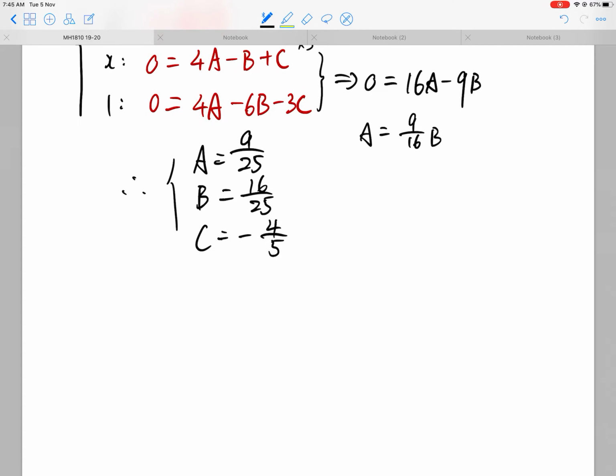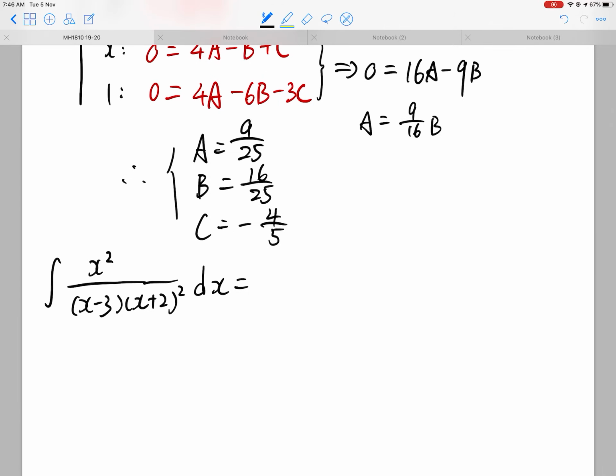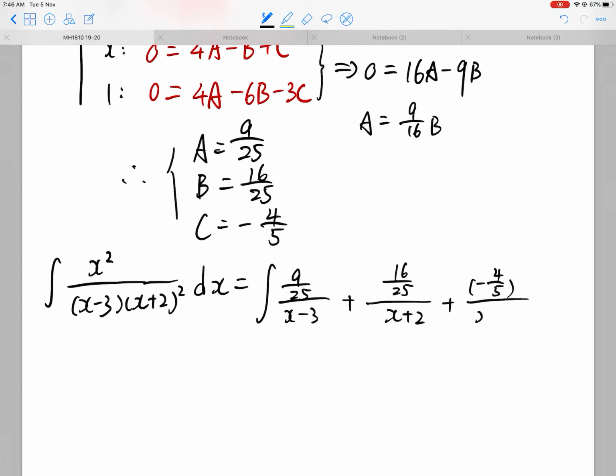So now we can start our integration. The integration of this is just the integration of a over (x minus 3) plus b over (x plus 2) and plus c over (x plus 2) squared.